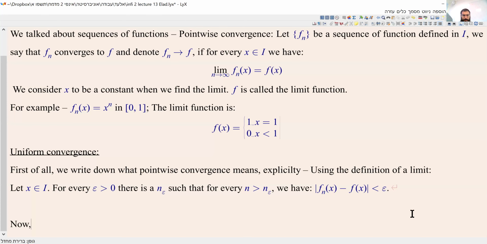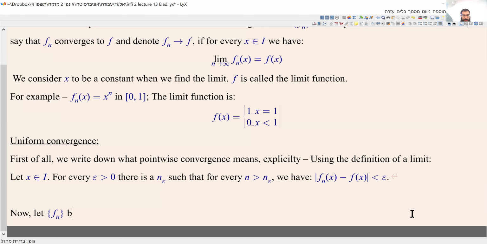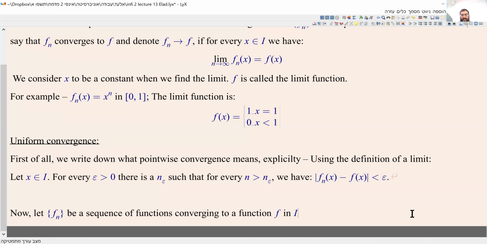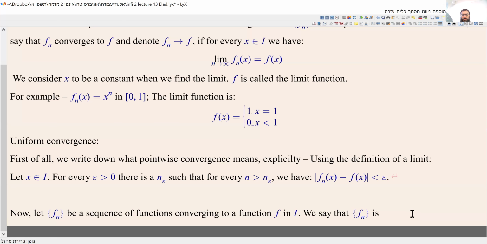Now, let Fn be a sequence of functions converging pointwise to a function f in some segment I. We say that the sequence Fn is uniformly convergent.